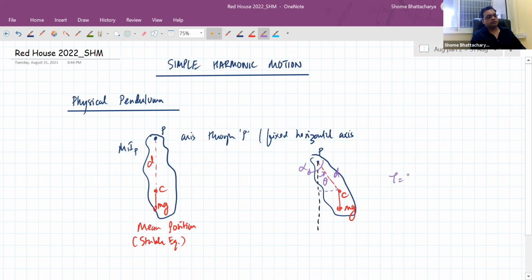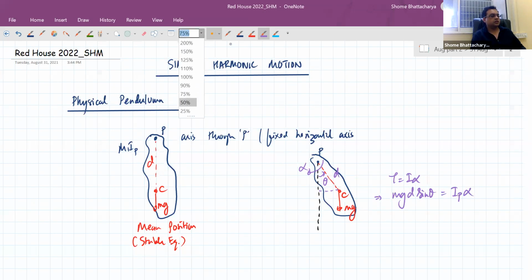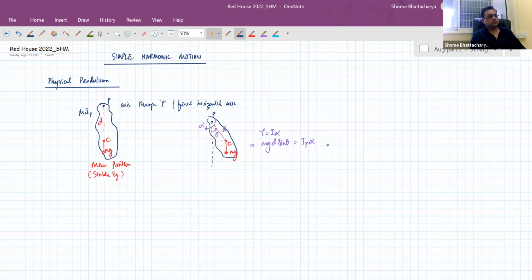So we have mg d sine theta becomes IP into alpha, where alpha becomes minus d2 theta by dt square, and sine theta can be approximated as theta for small amplitude oscillations.